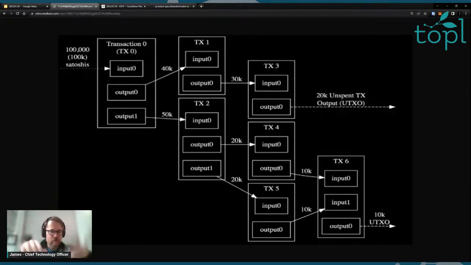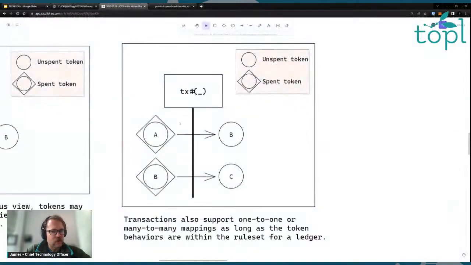Basically, whatever business logic you can come up with to put into the ledger, you can generally figure out a way to apply it to the validation of state mutations. It can get more complicated, and it's not always going to be possible, but I just want to point out this idea of the rule set of the ledger.